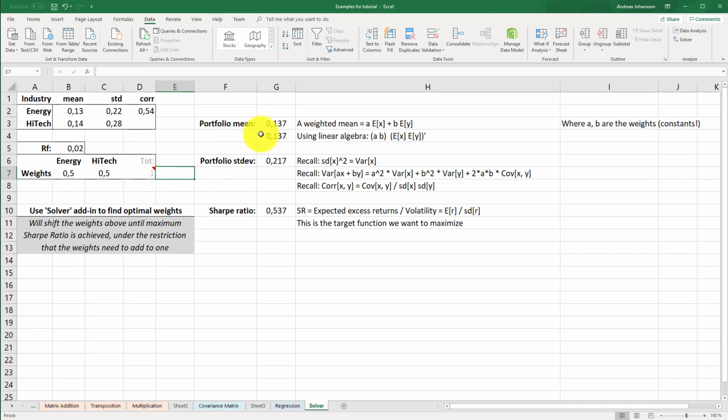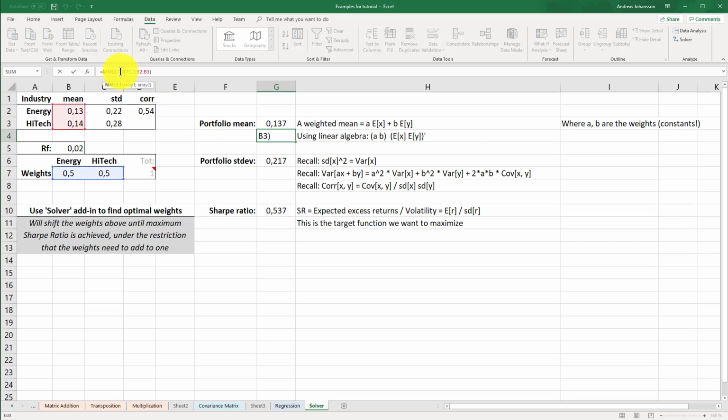So the first thing we want to find out is the expected return. And then we might recall that we just take the weight on the first asset times the expected return of the first asset plus the weight on the second asset times the expected return of the second asset. And then we get the expected return of that portfolio. We can also do it with linear algebra.